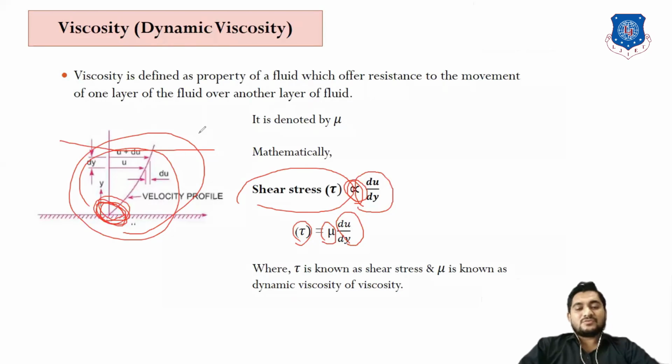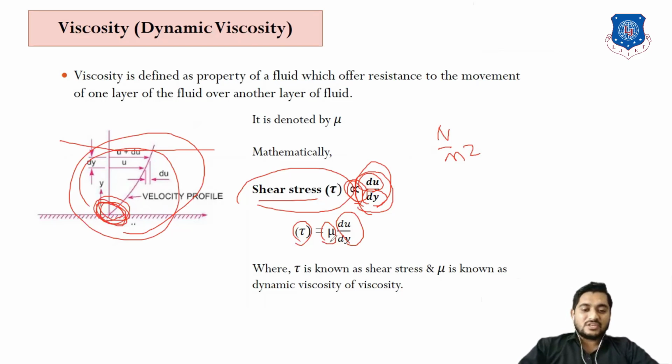Here mu is defined as viscosity or dynamic viscosity. Here tau is shear stress, SI unit force by area, that means Newton per meter square. du is change in velocity, dy is the thickness between two layers.